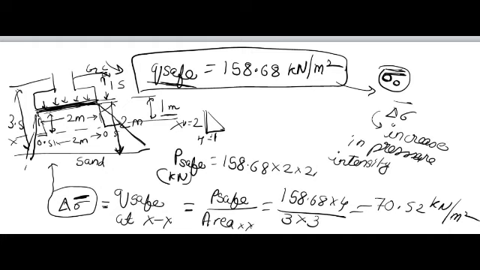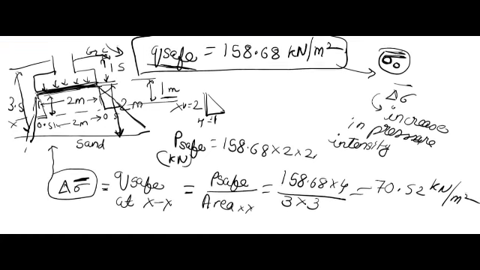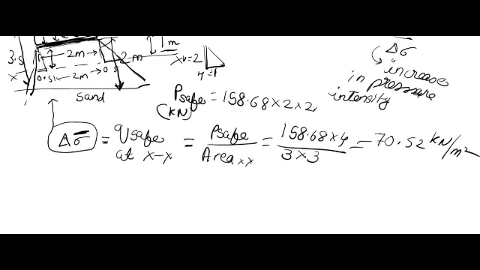Okay, now the initial effective overburden pressure at xx, that is sigma 0 bar. You have to find that.